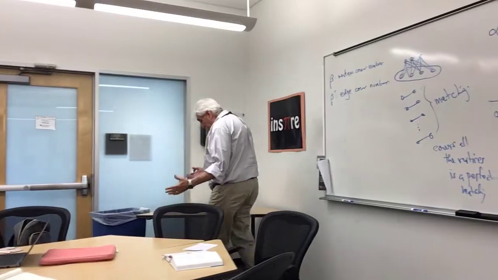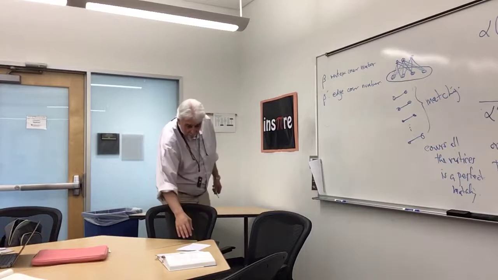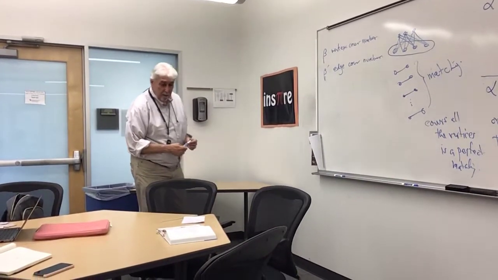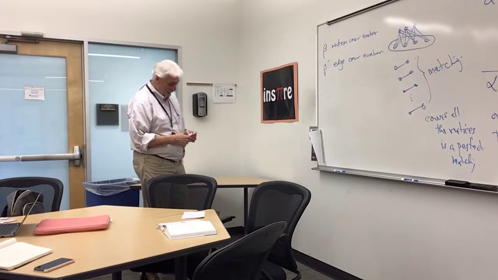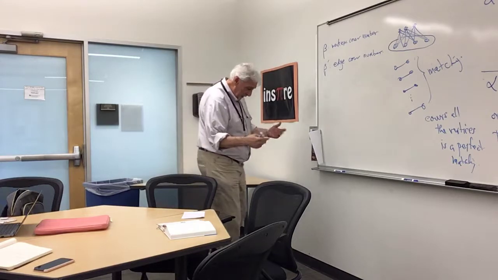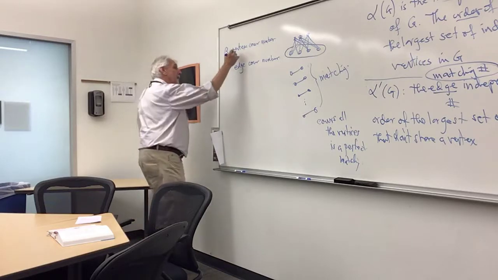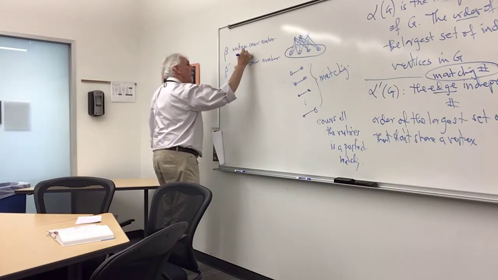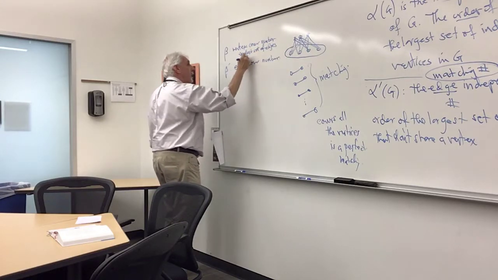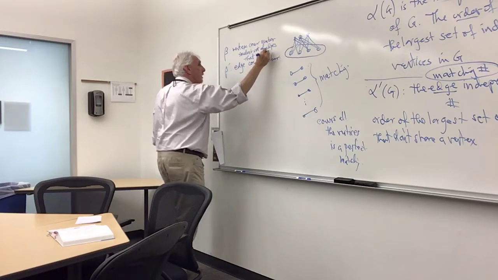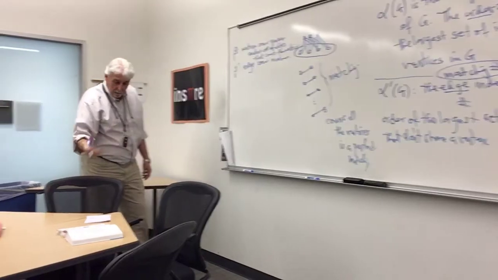So again, the vertex cover number, we're covering vertices with edges. So it's the smallest set of edges that covers the vertices. And we're going to go through a bunch of examples.